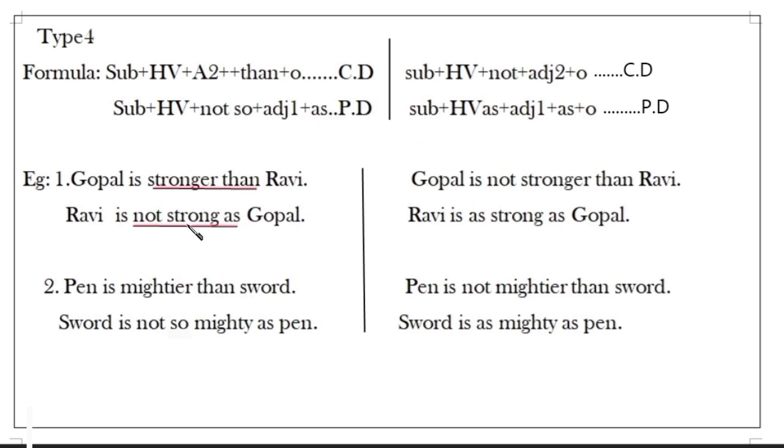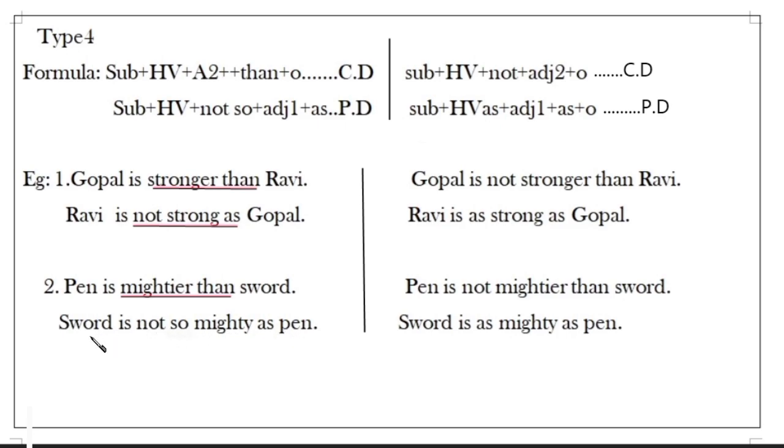One more example. Pen is mightier than sword. Here mightier than shows the comparison between pen and sword, in positive form. Sword is not so mighty as pen.